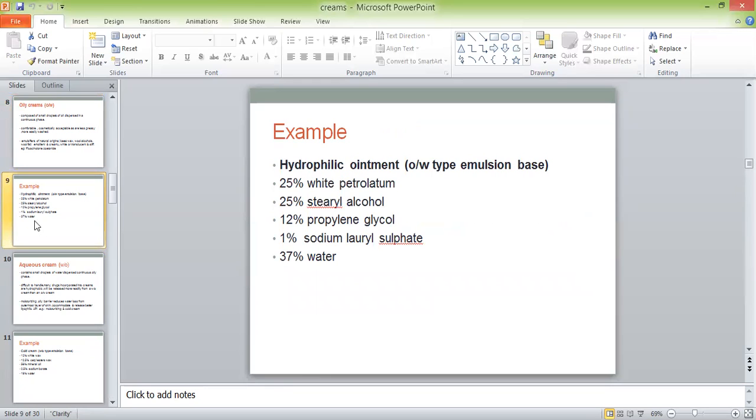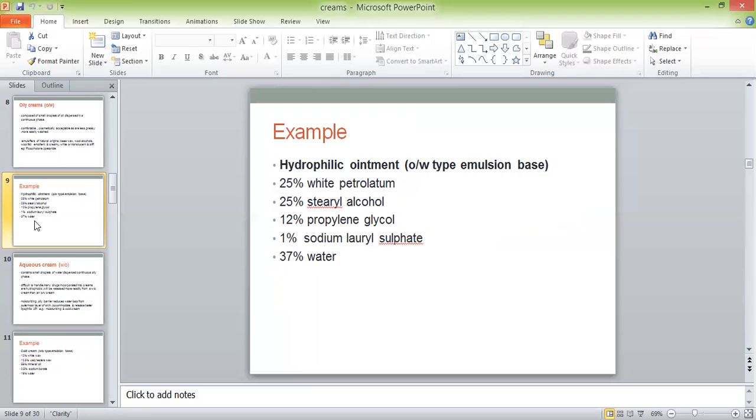Then we have an example of hydrophilic ointment, which is an oil and water type emulsion ointment, cream, and the formula contains 25% white petrolatum, 25% stearyl alcohol, 12% propylene glycol, sodium lauryl sulfate, and 37% water.